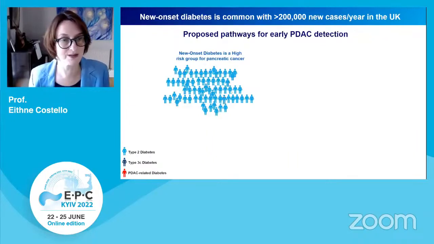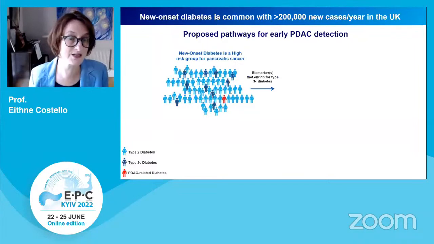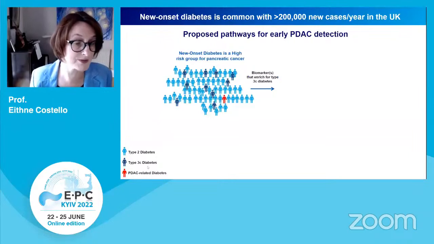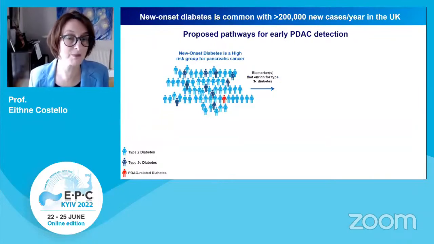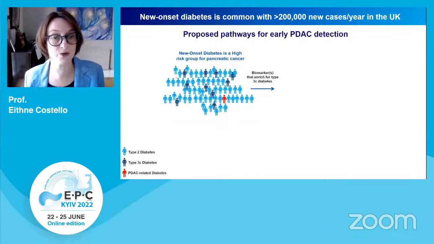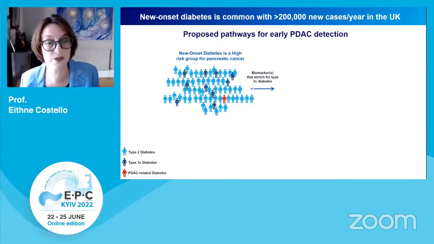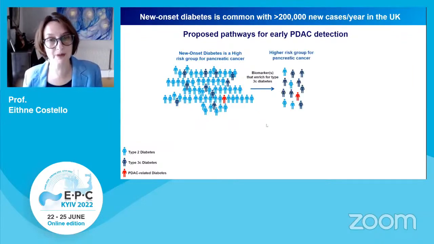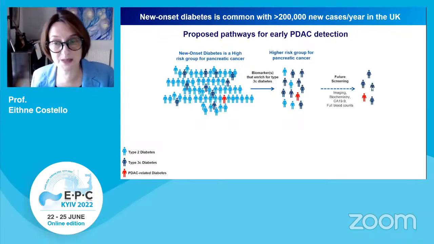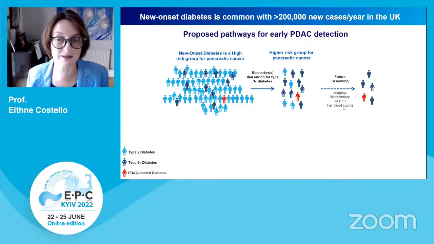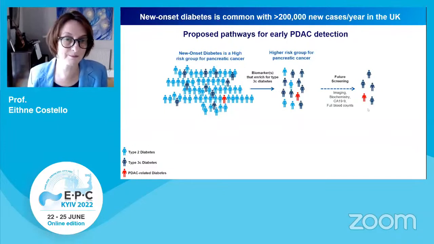So if we look more closely at this group, we see that 10% of individuals in this group actually have diabetes secondary to pancreatic disease, or type 3C diabetes. So if there was a way to enrich this group of new-onset diabetes for type 3C diabetes, using biomarkers, this would yield an even higher risk group for pancreatic cancer that could be screened using imaging and all of the current methods for identifying pancreatic cancer.